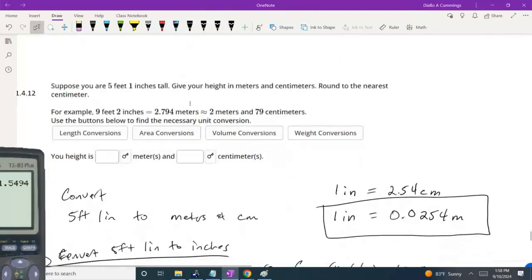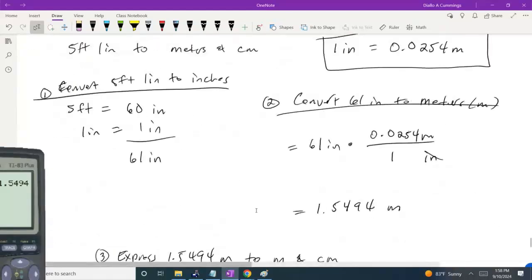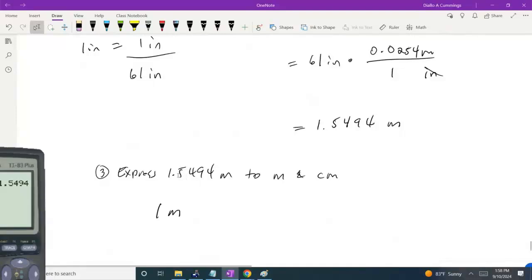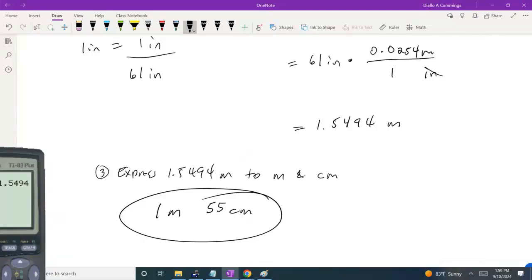Notice what they did for this example: the whole number represents meters, and the 2 digits after the decimal represent centimeters. After the decimal, we have 549, so I'm going to round that 4 up to a 5. So I have 1 meter, 55 centimeters.